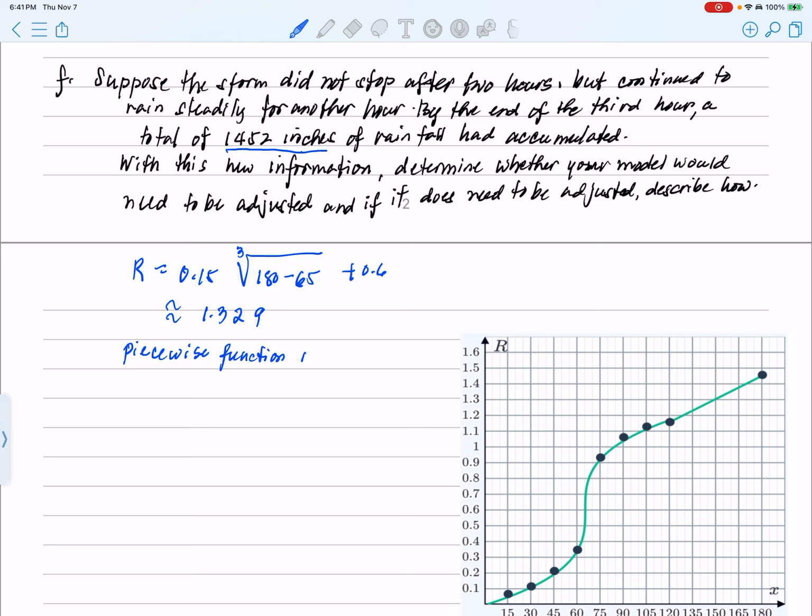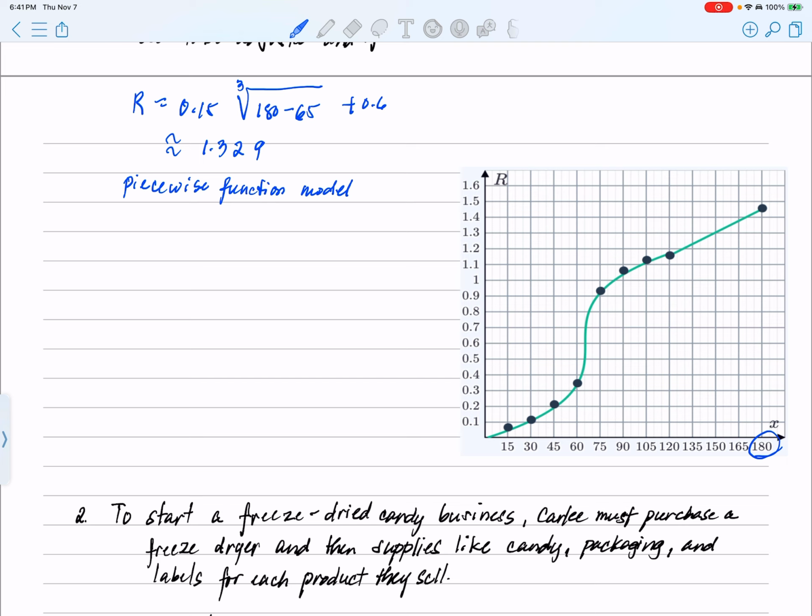And determine the new equation. By using the piecewise function model, we can determine the new equation that models the third hour of the storm. So by doing that, we need to find the equation of the line that passes through 120 and 1.158, somewhere here.